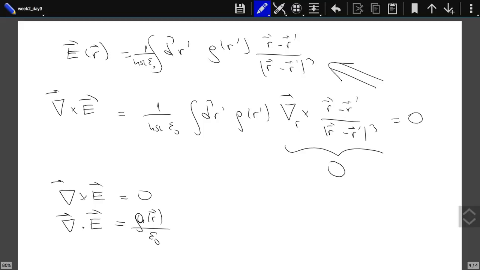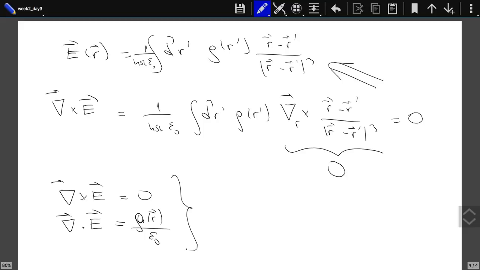You see, in this general expression for the electric field, if you want to determine the electric field in a given volume only, you need to know the charge density everywhere, not just inside that volume. Instead of knowing all the charges outside of our volume, in this approach we only need to know the value of the electric field on the boundary, or at least some properties of the electric field on the boundary would be enough for us.